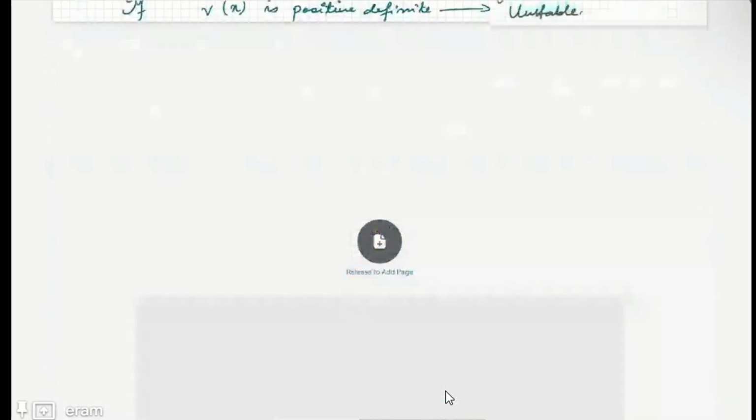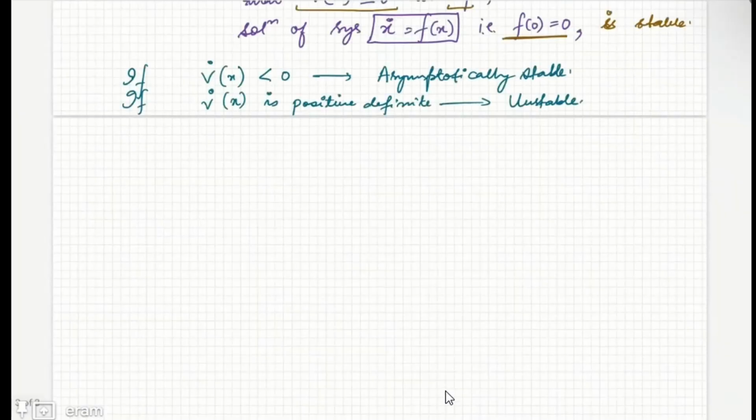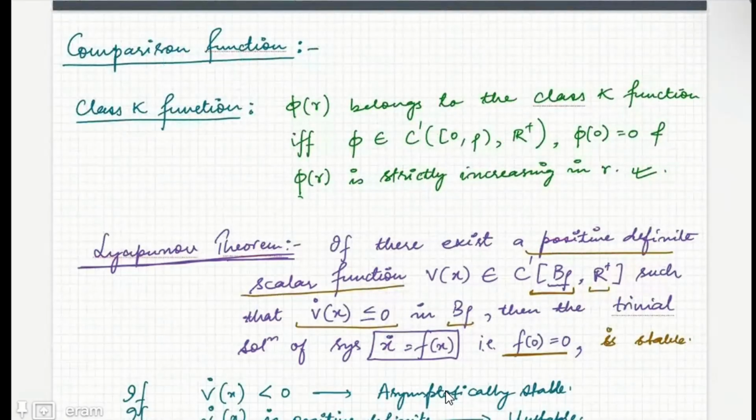For that, we first need to see how we can define a positive definite function when we have time also as an argument.